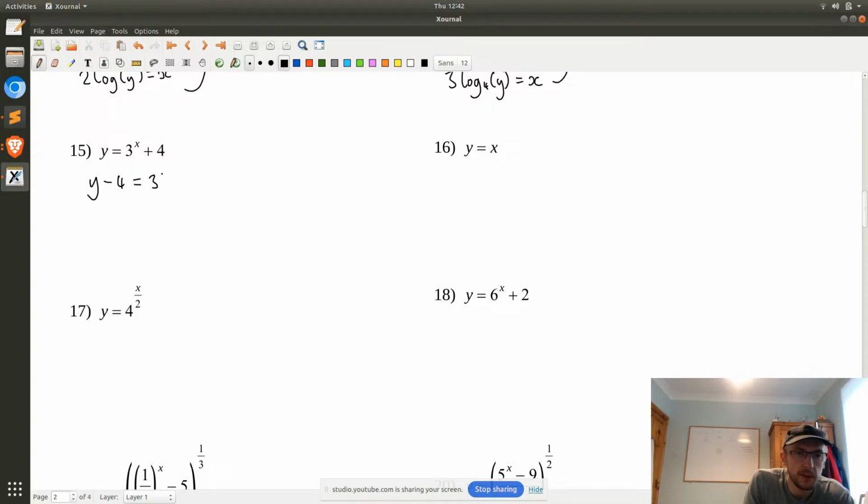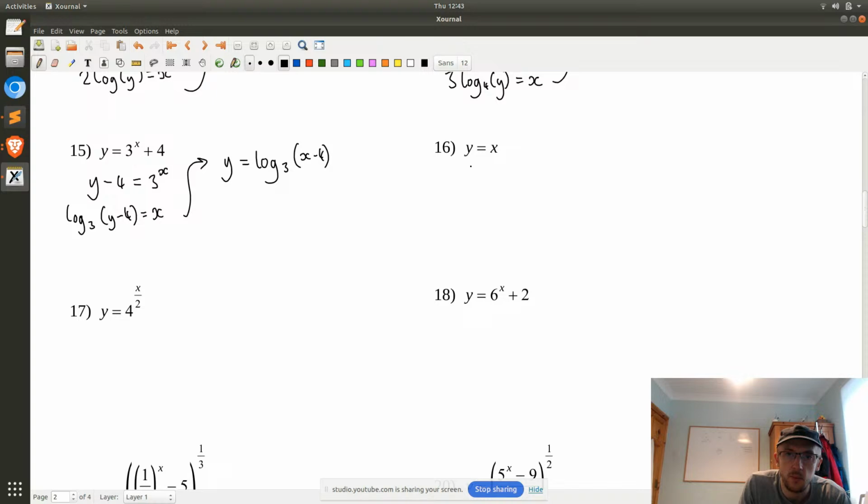y take 4 is 3 to the x. So to get x by itself, do log base 3 of both sides. And to get the inverse, swap the variables. And they might say like log base 3 of x divided by log base 3 of 4 if they want, but that's up to them.